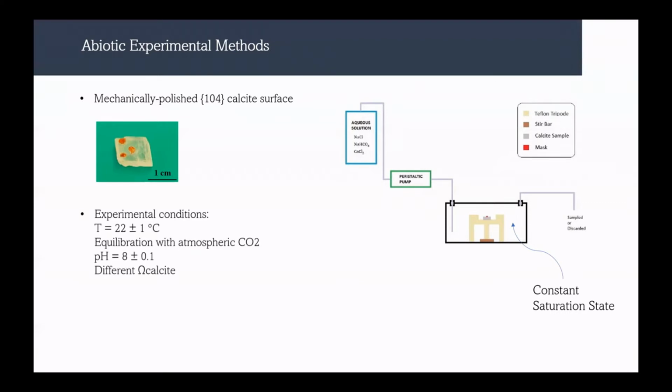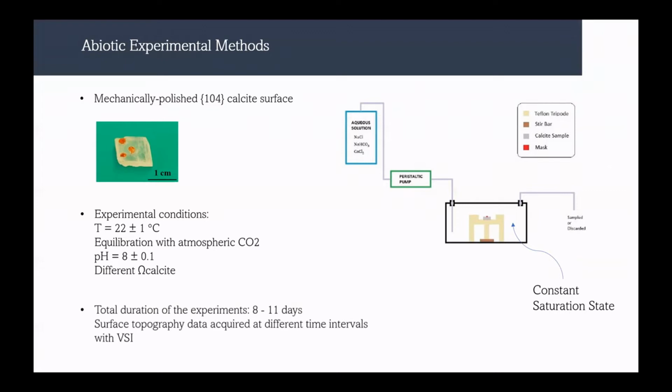We are working at ambient conditions, so ambient temperature, and we allow equilibration with atmospheric CO2. We are working in alkaline conditions, and then we change the saturation state in order to explore different saturation states. The total duration of the experiments is between 8 and 11 days.